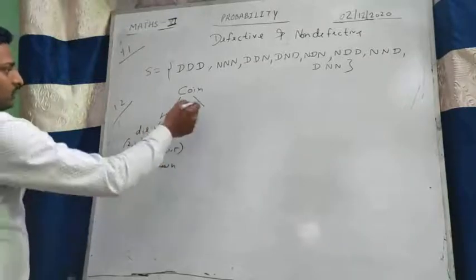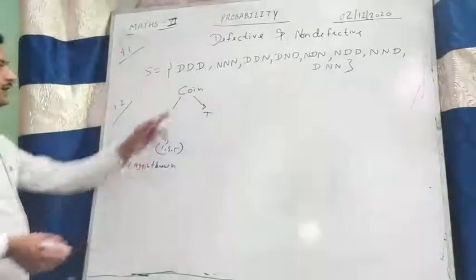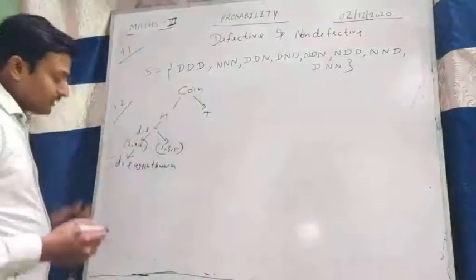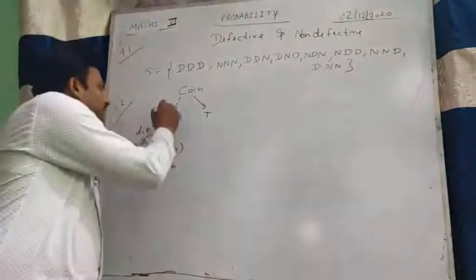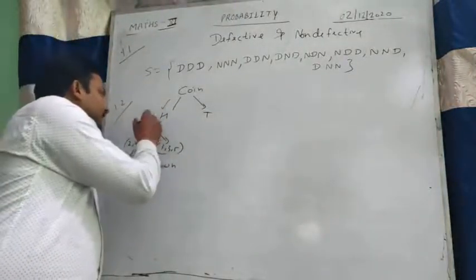The question says that a coin is tossed. When head comes, then a die is thrown.